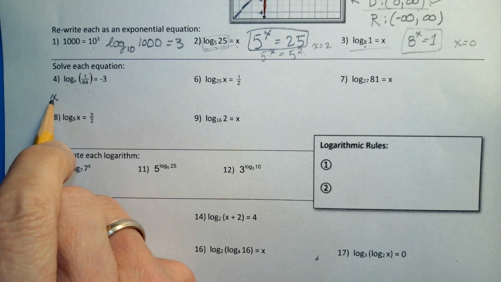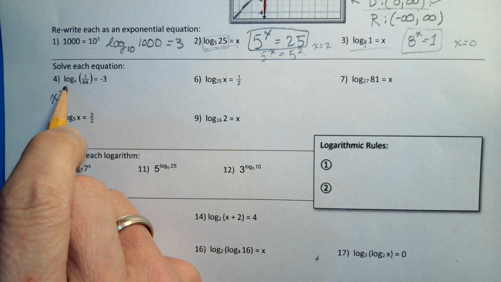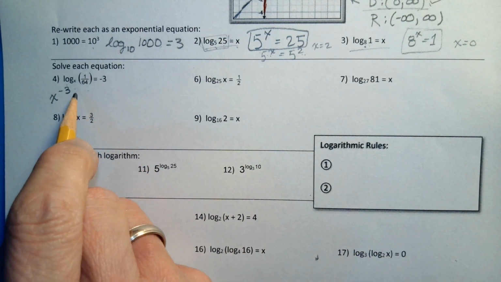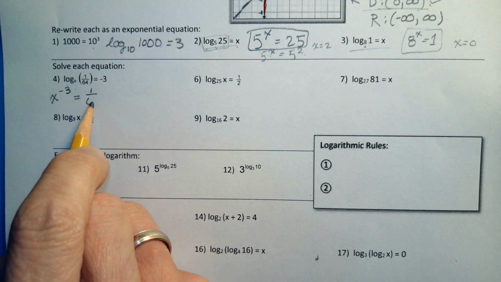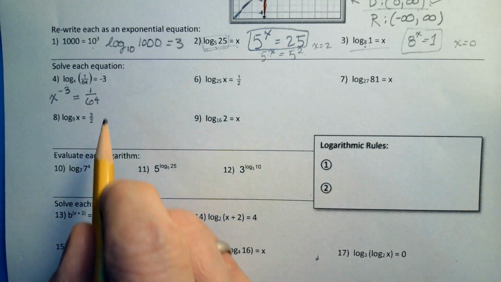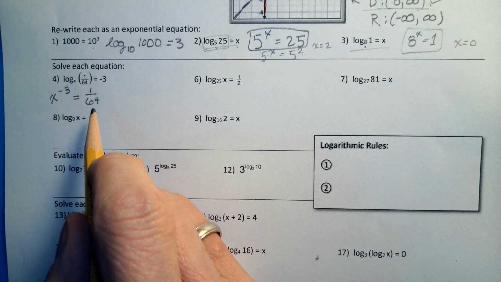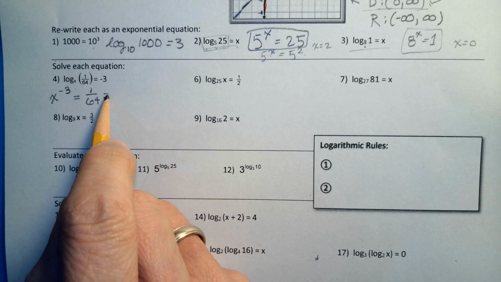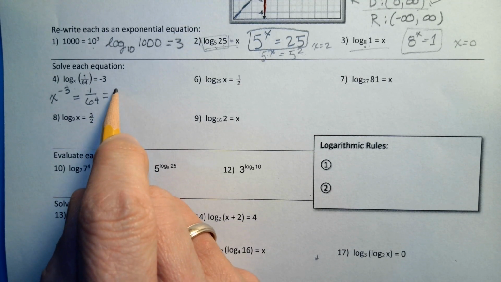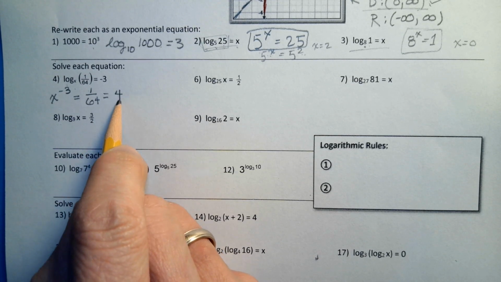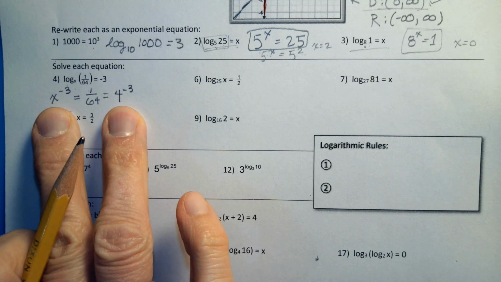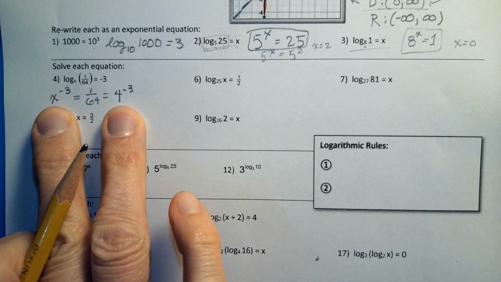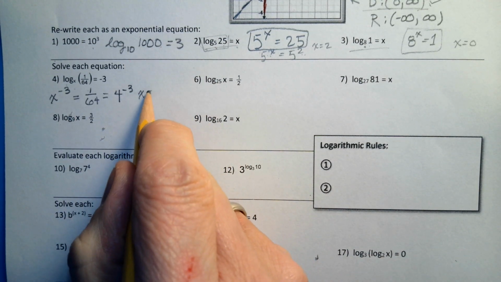So x raised to the -3 power equals 1/64. Now 1/64 can be written as what? It can be written as 4 to the -3. So you can see x is equal to 4 here. Okay? X is equal to 4.